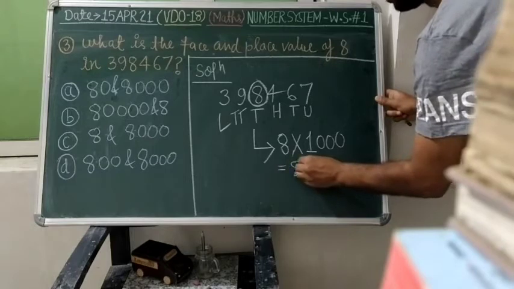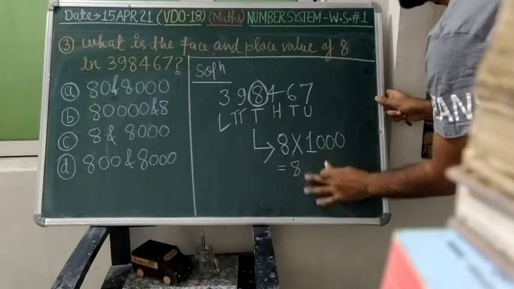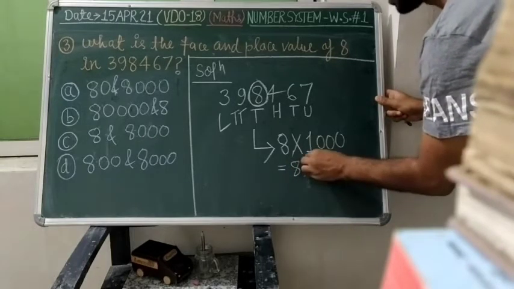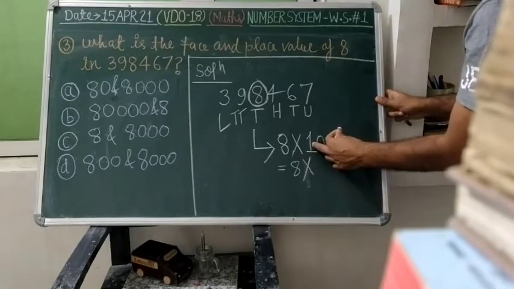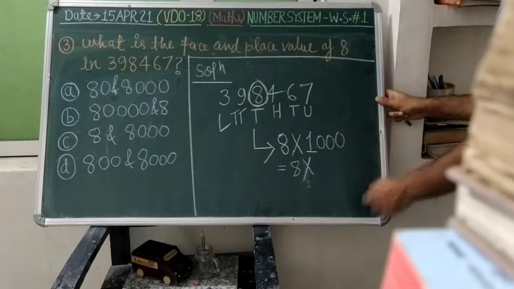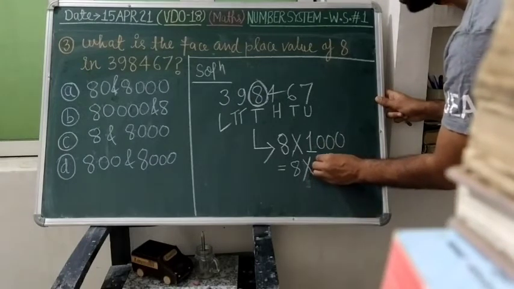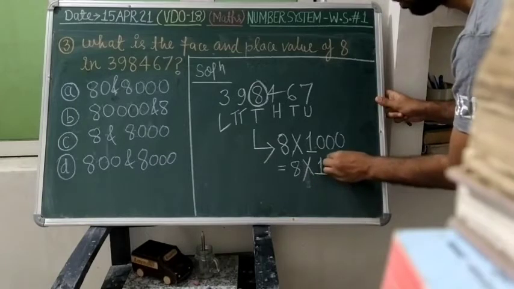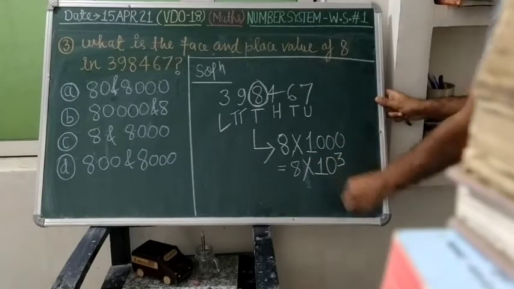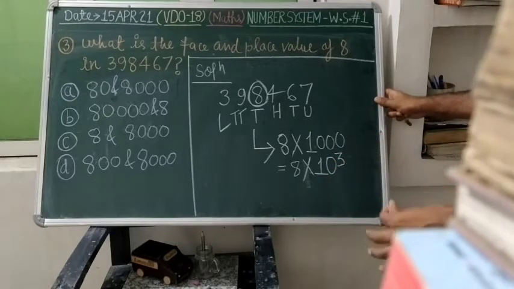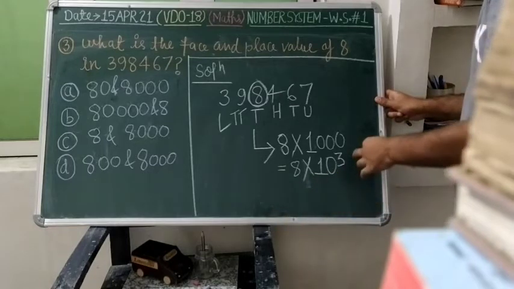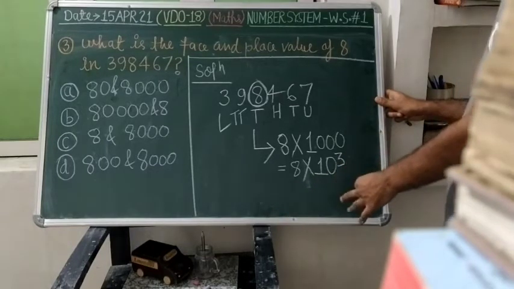I want to tell you here, if you look at 1, after 1 there are three zeros. In the first video I told you what to do: 10 to the power 3. You will read it as 10 to the power 3. You give the crown 3 to the 10.